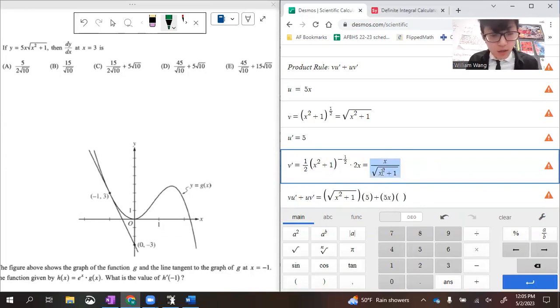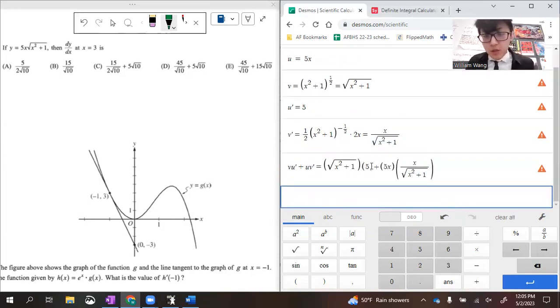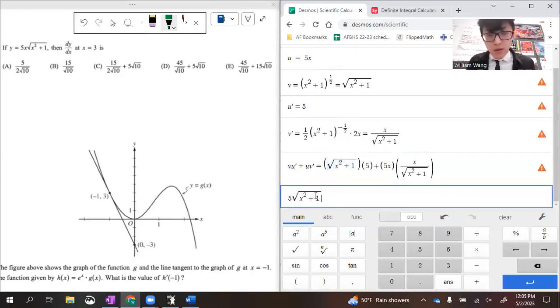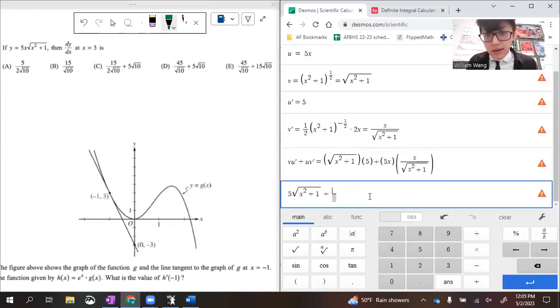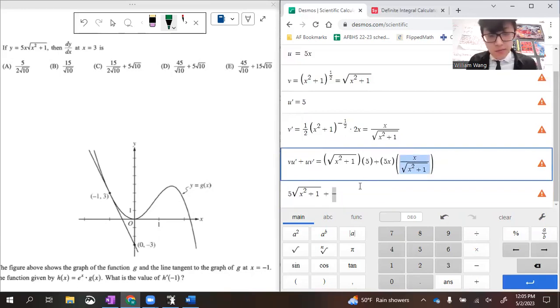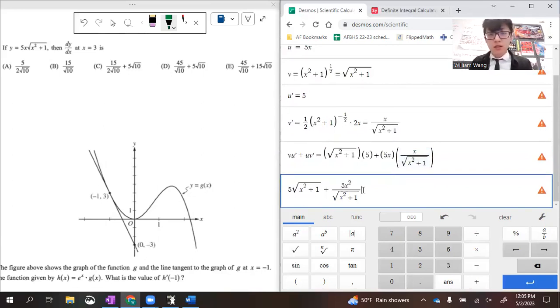My v prime is this whole thing. Cool. Let's simplify this. So that just turns into 5 square root of x squared plus 1 plus, all right, 5x, I multiply by the numerator, so it's 5x squared. So instead of this, it's now 5x squared. Excellent.